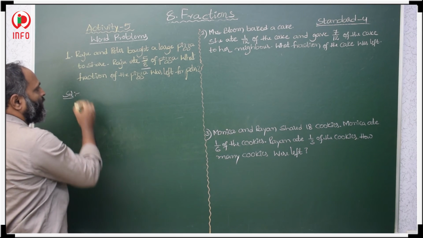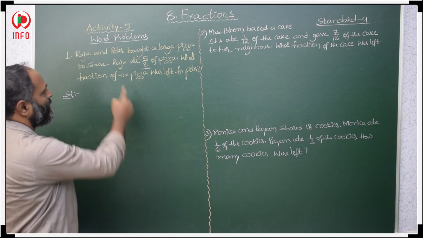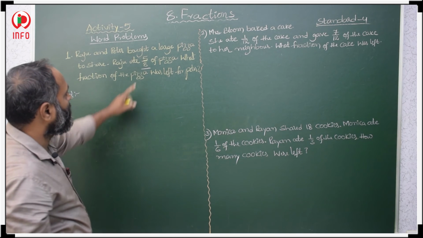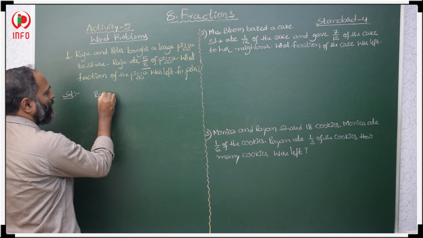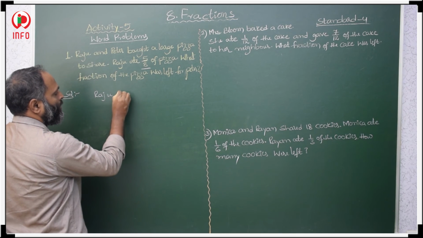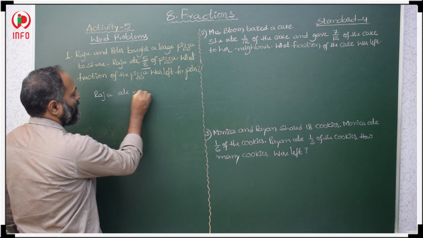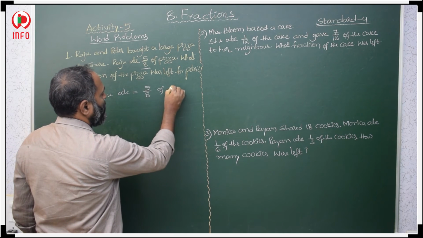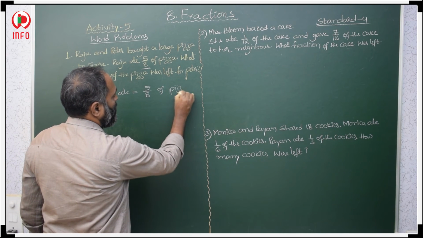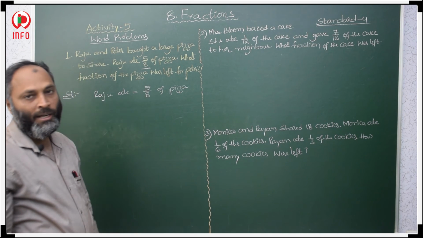First, what we have to do? How much portion did Raju ate? So Raju ate 5/8 of the pizza. So this portion he ate.